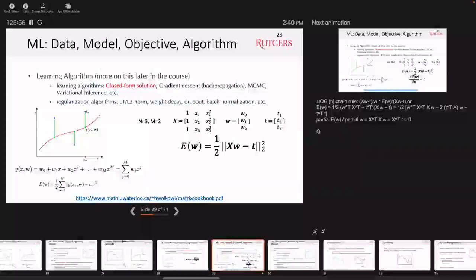We write it as the square of the L2 norm of this vector. So what's the square of the L2 norm of this vector?